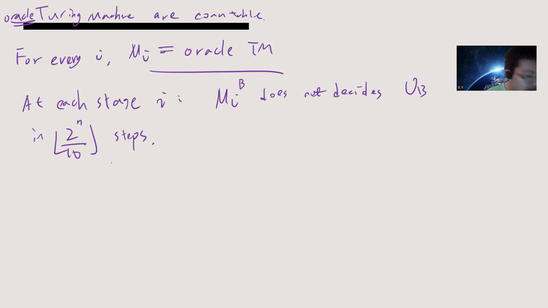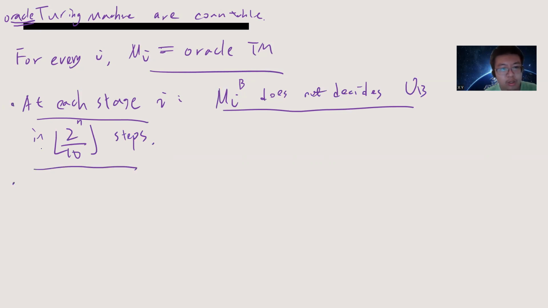This is the floor notation. So this idea is a little bit tricky. So let's see how do we say things. For each stage i, M_i^B does not decide U_B in 2^n steps. Basically I will describe it in detail.